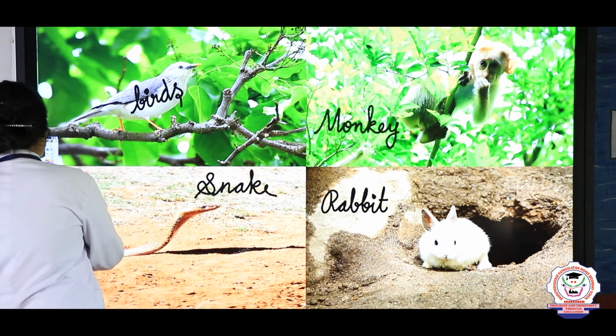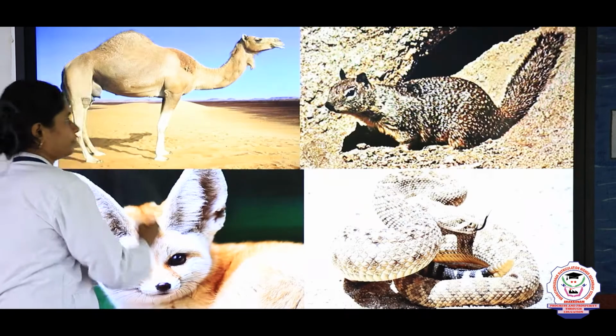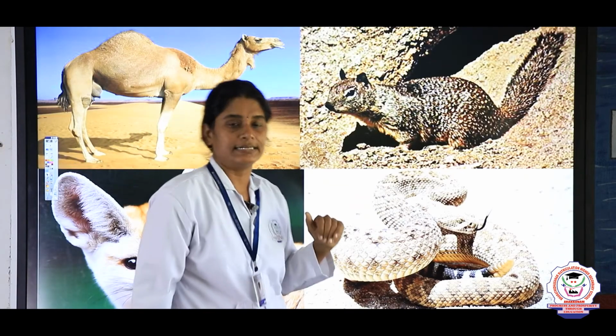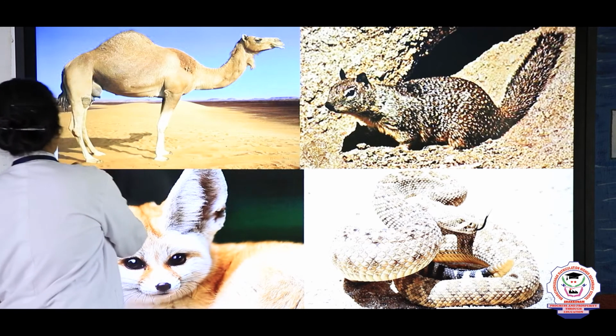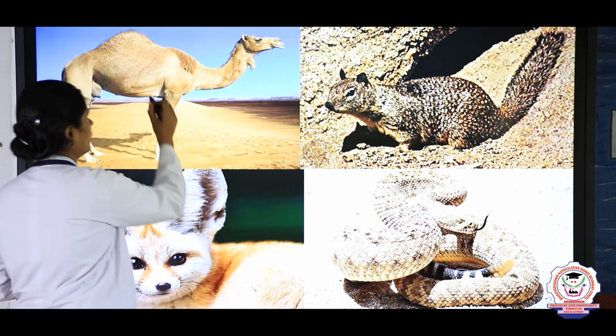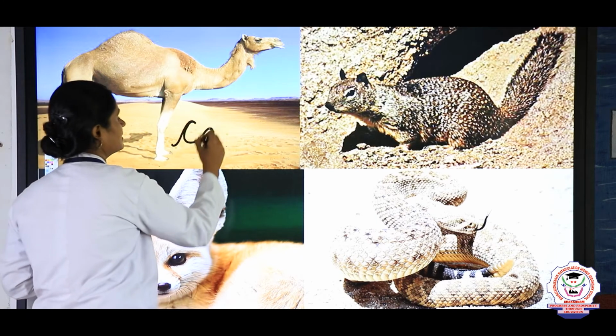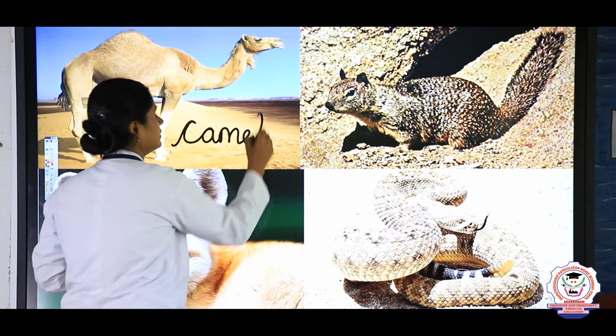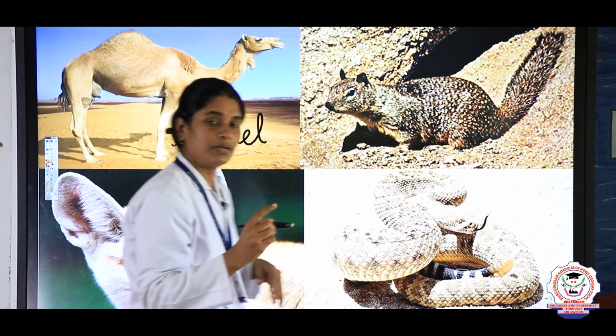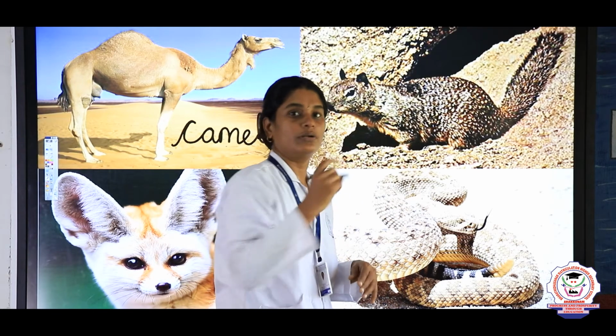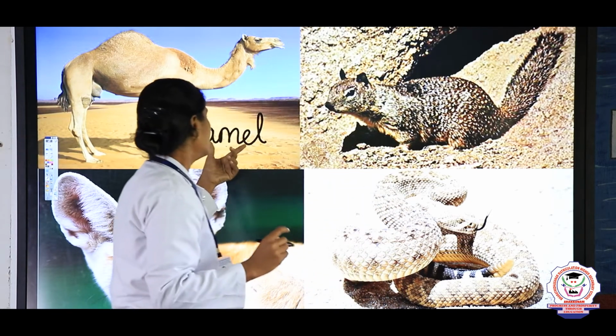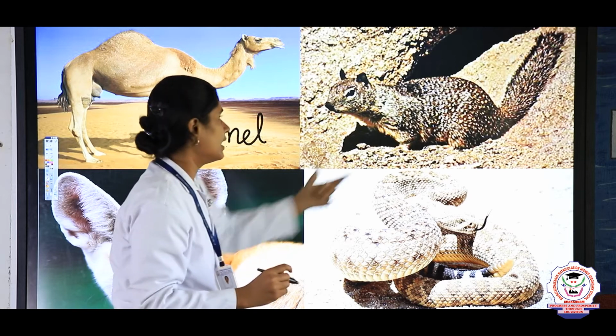Now let's see what animals live in the desert. Animals like camel. What animal is this? This is camel, right? We can see camel only in a desert. We cannot see camel in the polar regions or in a forest, right? So the camel's habitat is desert. Ground squirrel.